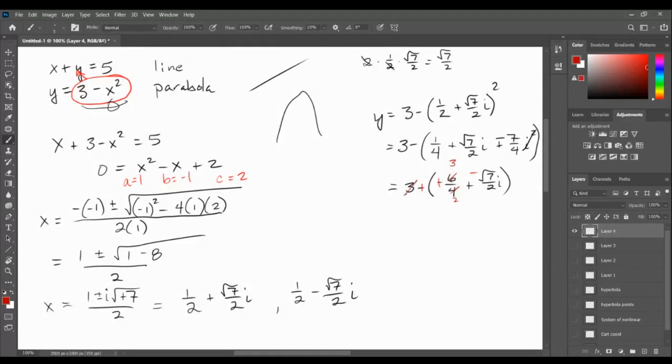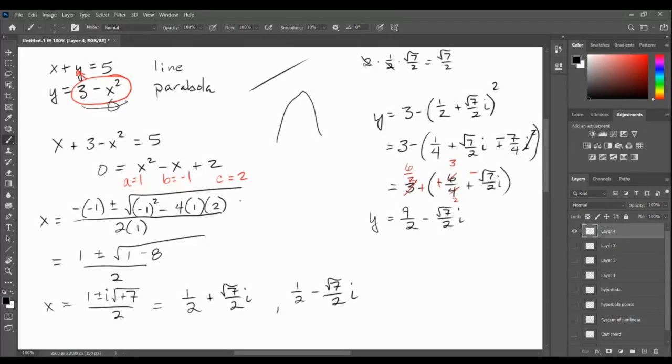Let's change that 3 to 6/2 so we get a common denominator. And 6/2 plus 3/2 is 9/2. You've got minus root 7 over 2 i. So that's the y we get with this first x value.